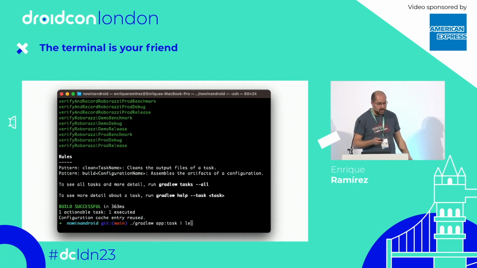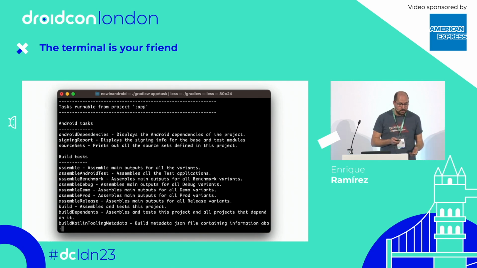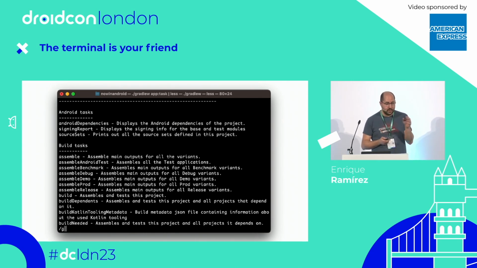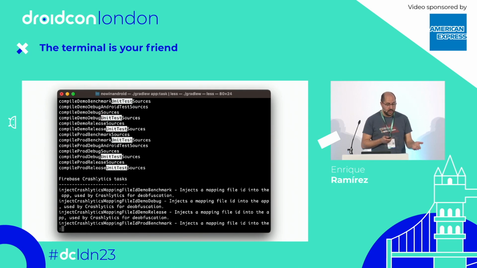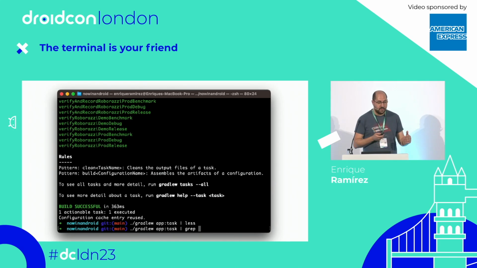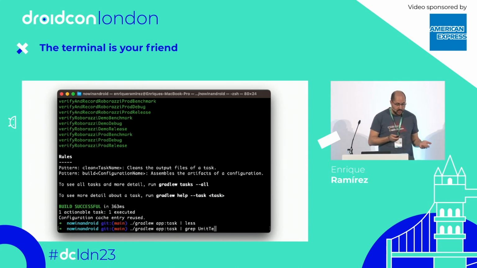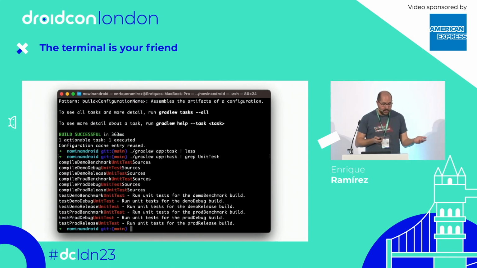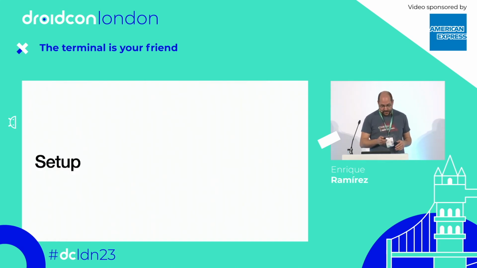So the first thing I did was, okay, I could do gradle tasks and use a paginator like less. You could search, less has some options for searching, but I could also use the pipe and grep. I could filter and just get the unit tasks. So yeah, that's just playing a little bit with it.